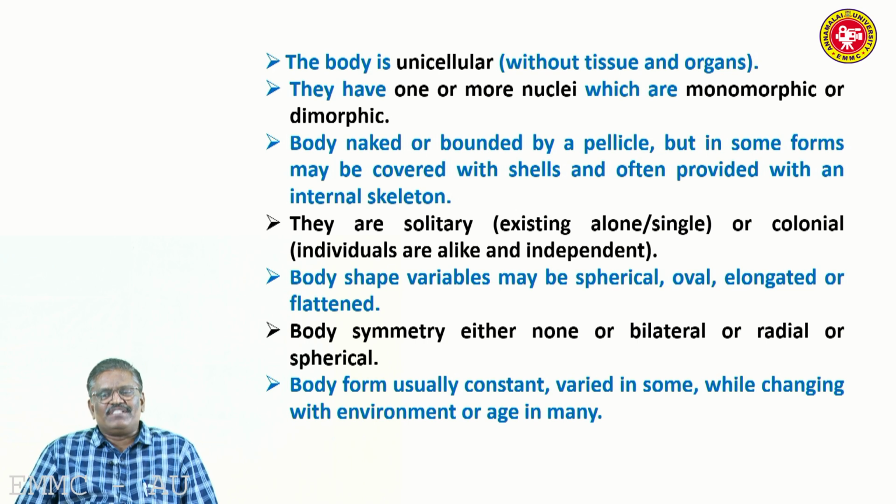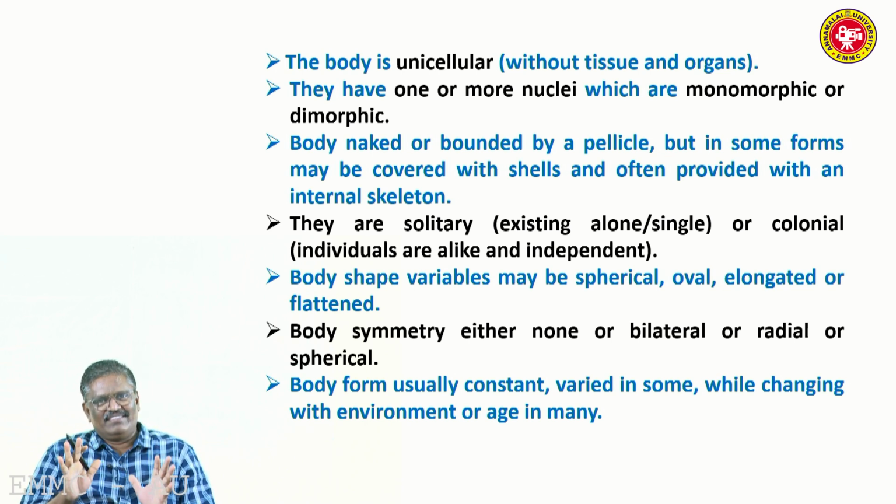The body is unicellular, without tissues and organs. This is a unique and important character of protozoans. So you can recall: what does protozoan mean? It is the first unicellular animal, unicellular meaning without any tissues and organs.